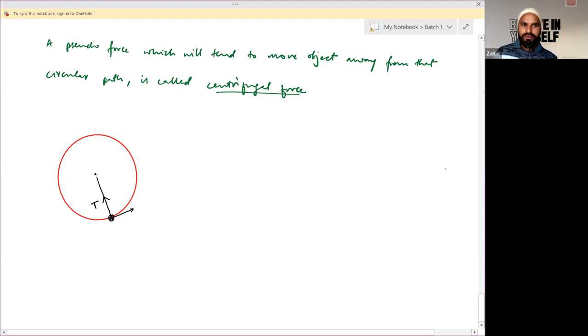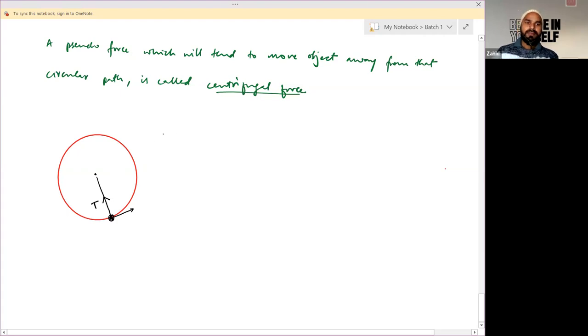And since it is revolving along the circular path, there will be a pseudo force acting on this body to move it away. In some other sense, you will say here tension is responsible for keep on changing the direction of the object to move along the circular path, so it will behave as centripetal force. Is it clear?